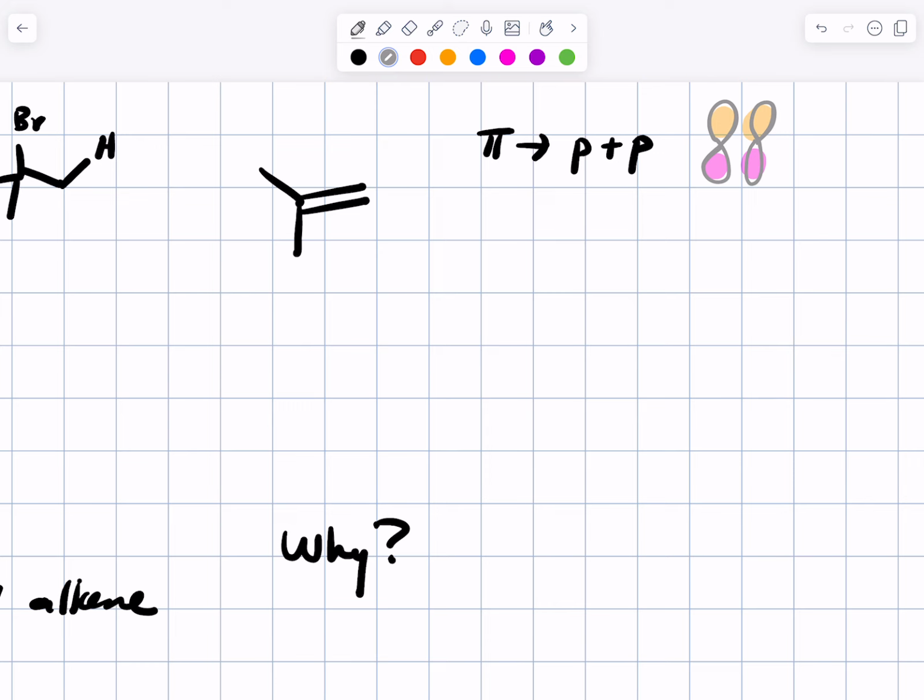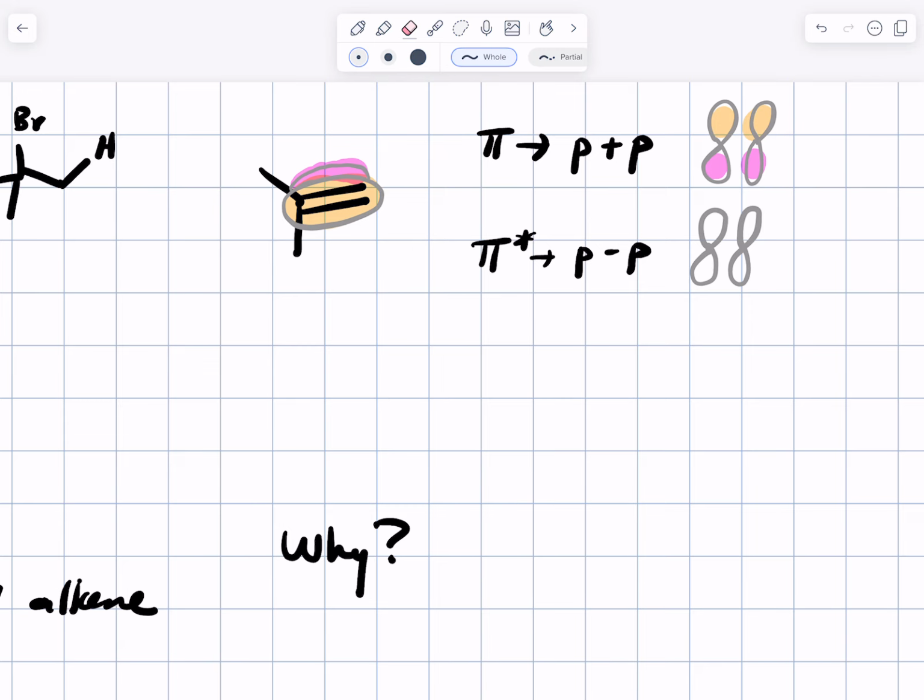And if we were to draw that on this picture of the molecule, that's above the plane of the sigma bonds and below the plane of the sigma bonds. So that's a pi bonding orbital. Of course, the math of MO theory requires us to mix them together in all possible combinations. So you also have to do the opposite wave function sign combination, the minus combination.